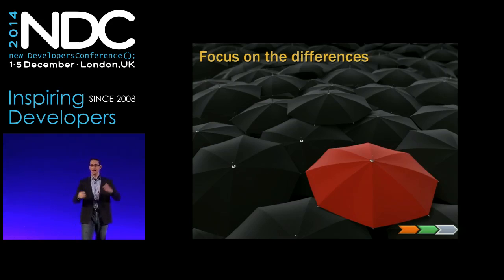It's the size of your umbrella. It could be the height of your umbrella. It could be the angle at which you hold your umbrella. Be very careful that when you're looking at something, you don't pick something and say, oh, that's the thing that's different. It could be coincidentally different and not actually important to the domain.